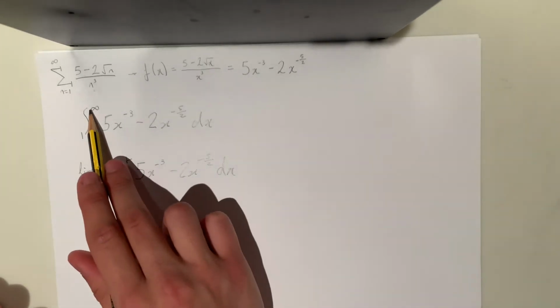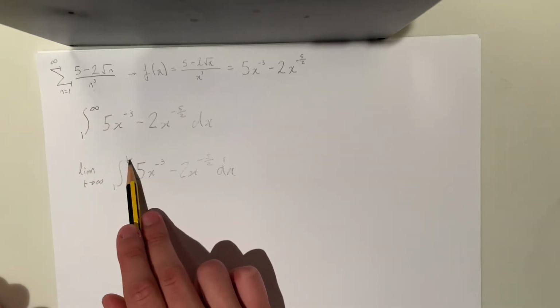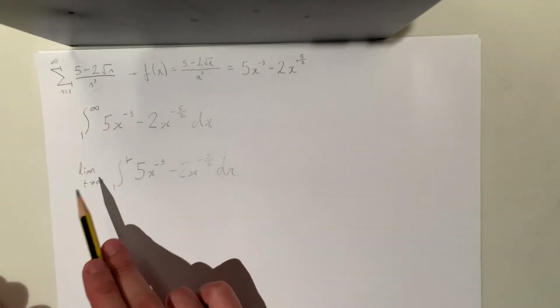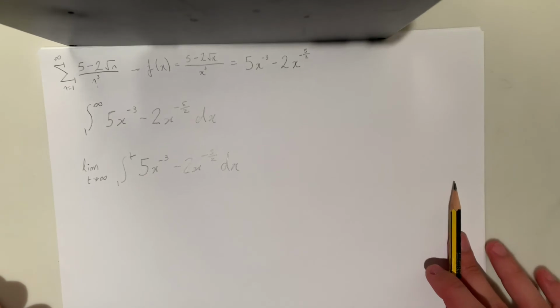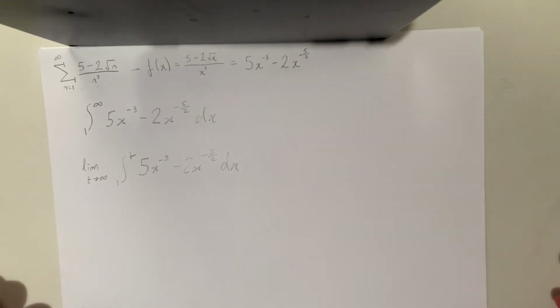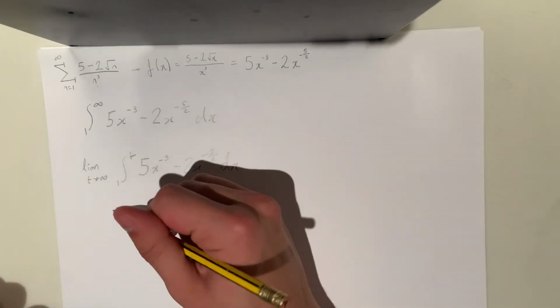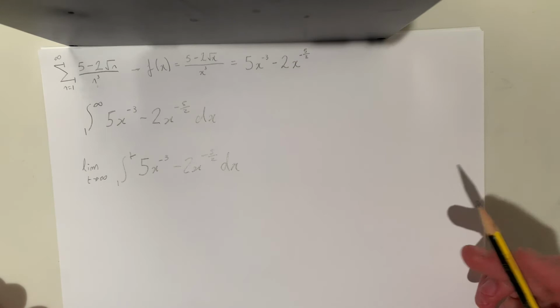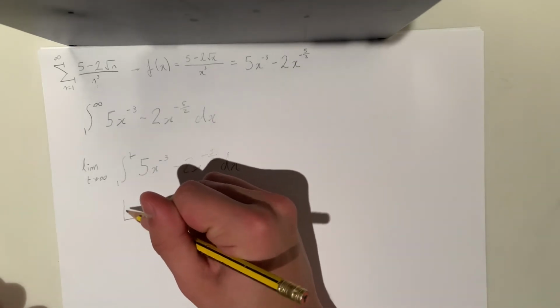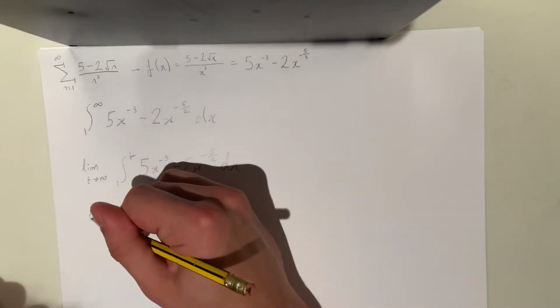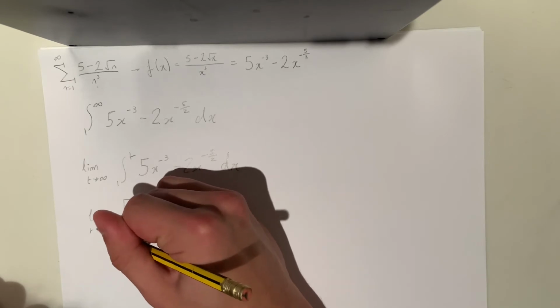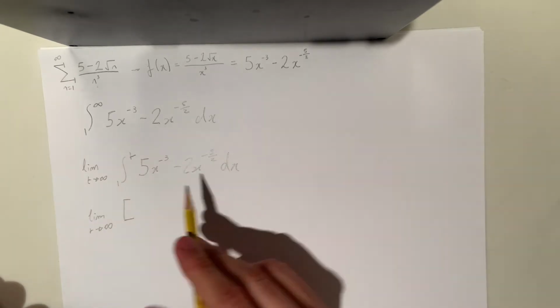So here we just change the infinity sign to a t and just set a limit. I'm sure you've already seen this with things such as derivatives from first principle. It's just a limit. Now we're just going to do normal integration. So it's going to be the same as limit t to infinity.